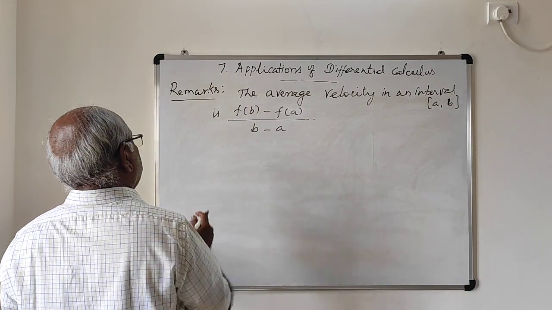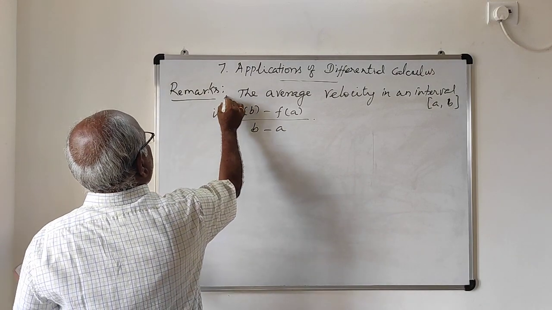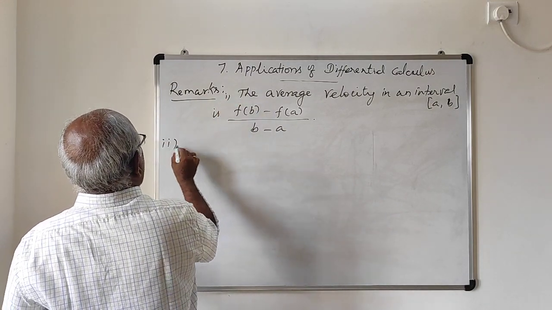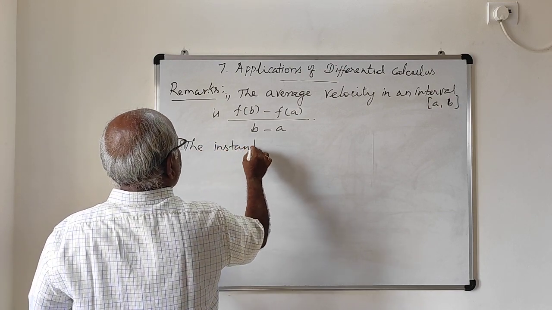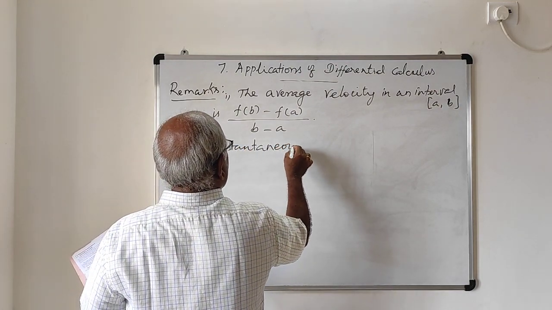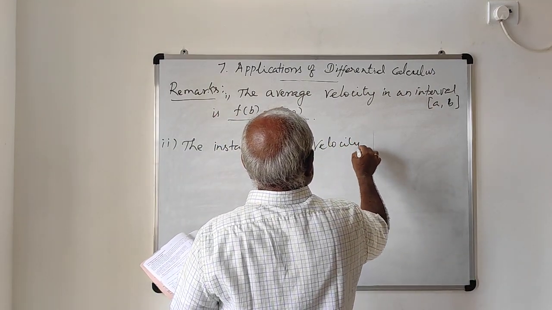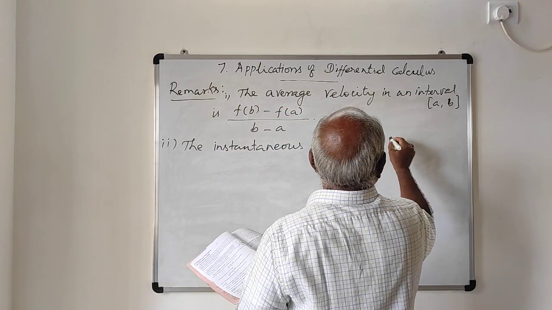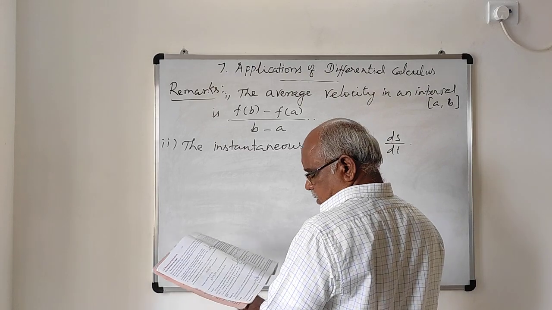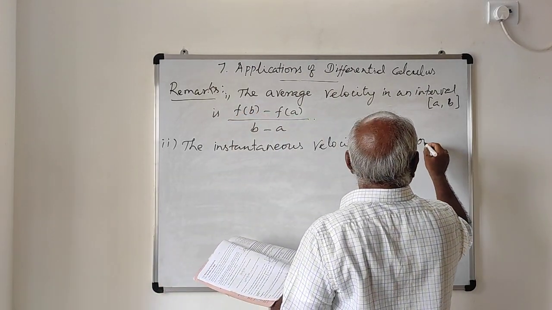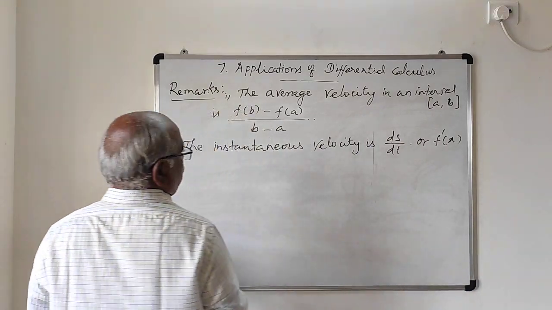The instantaneous velocity is the rate of change. The instantaneous velocity is ds by dt, or f dash of x, the derivative of f with respect to x.